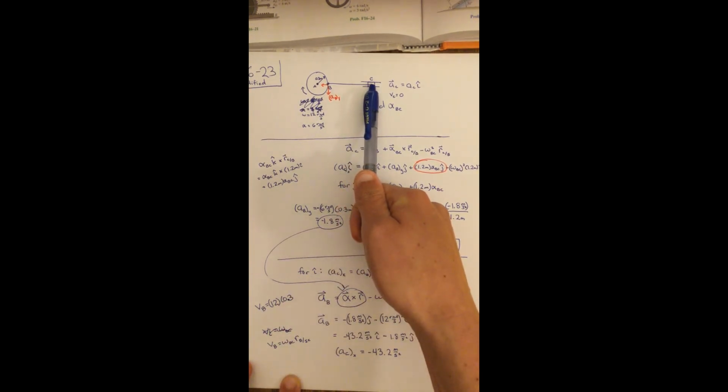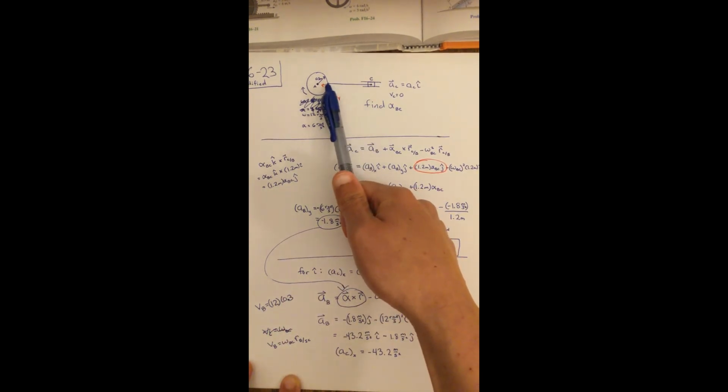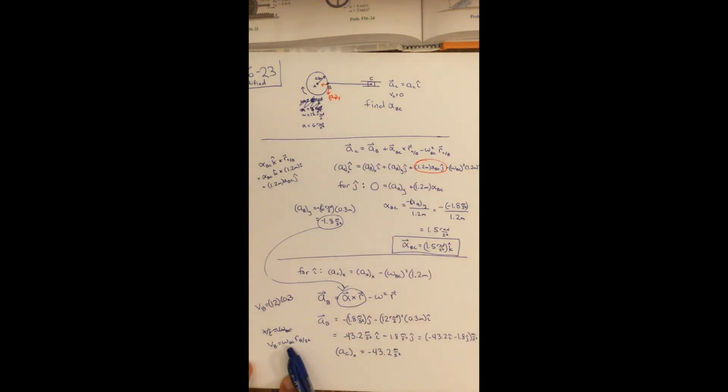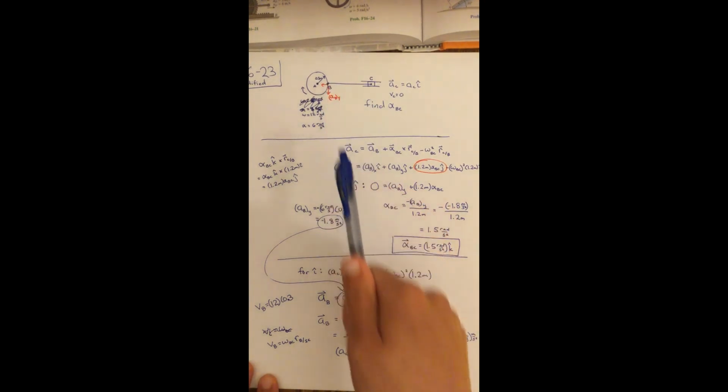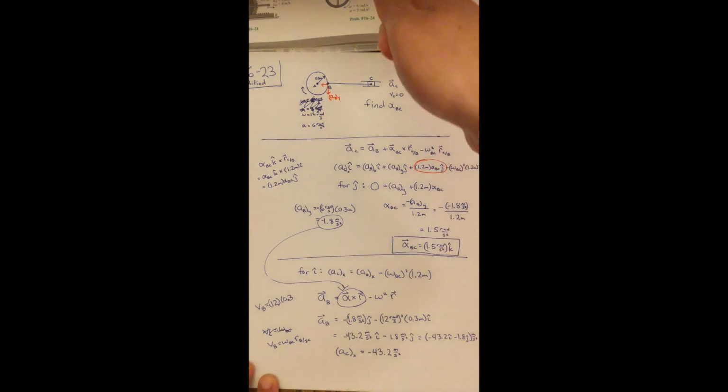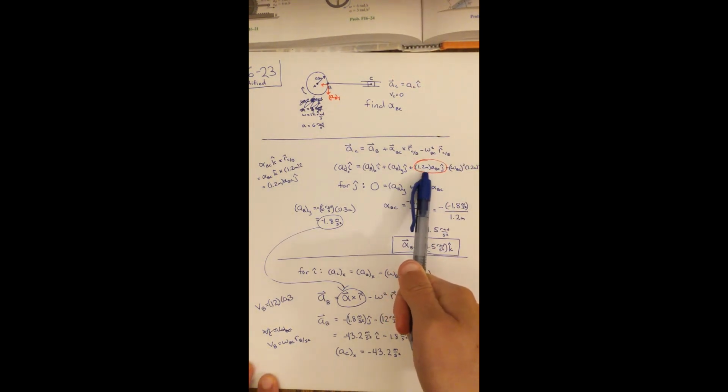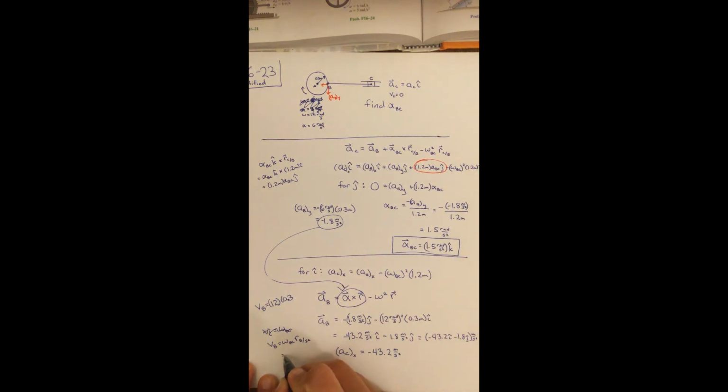Because this is the instantaneous center of zero velocity for link BC, the velocity of point B is also equal to the angular velocity of BC times the distance from C to B, which they showed us in the book was 1.2 meters. So this is the angular velocity of BC times 1.2 meters.